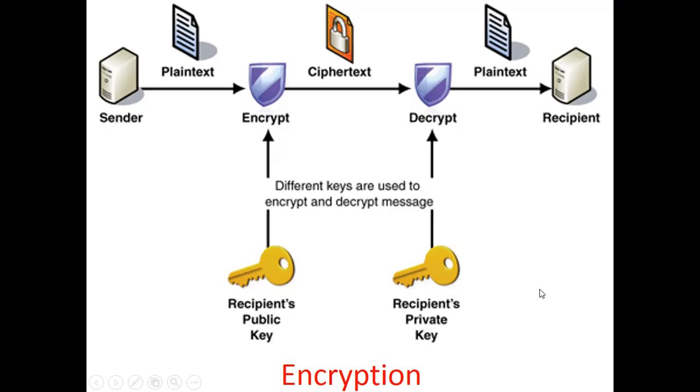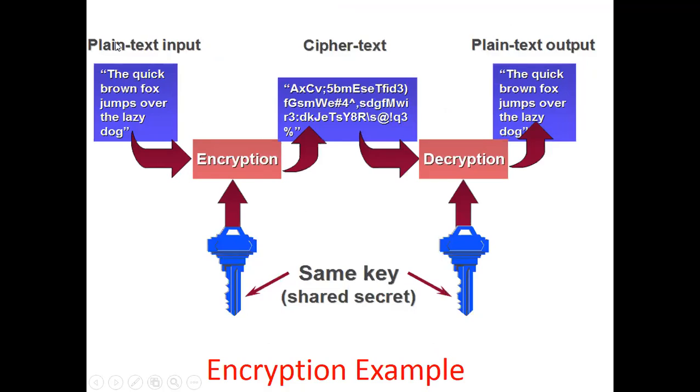Now let's see it practically. Suppose this is your text: The quick brown fox jumps over the lazy dog. This is our data and we have to send it to the receiver. Here, the sender will apply the public key on this data, and due to the application of the public key, this data will get encrypted.